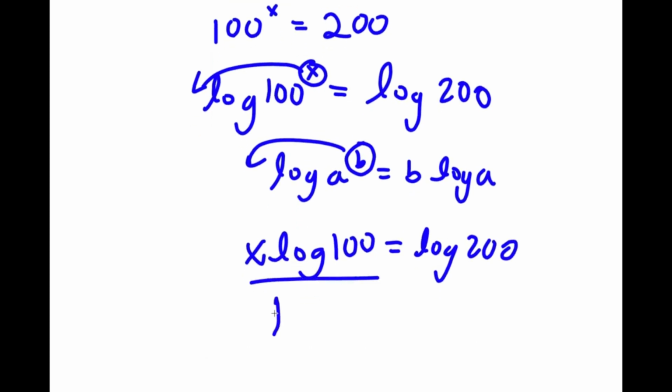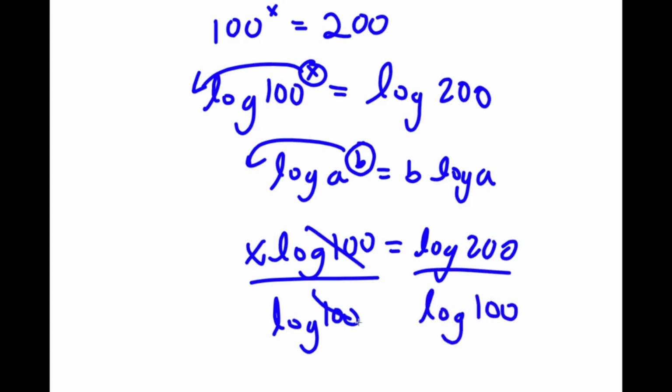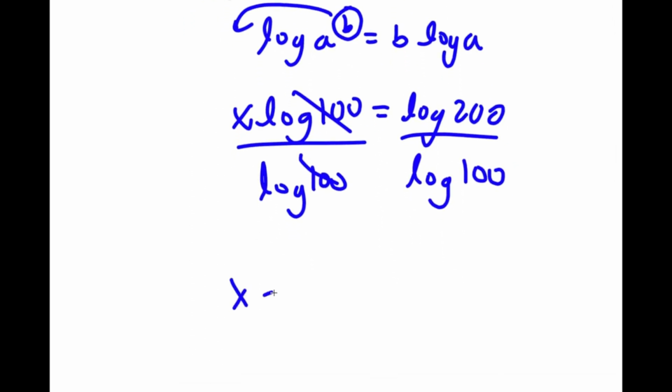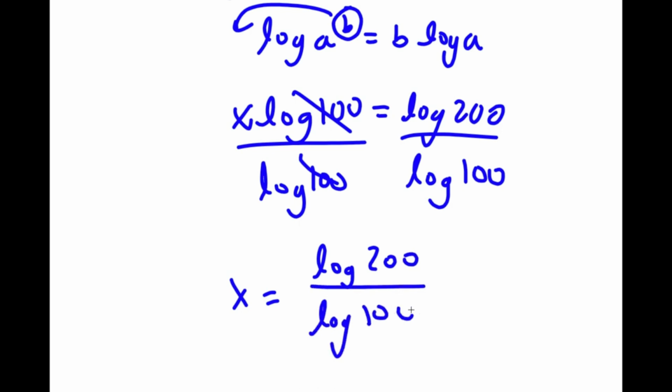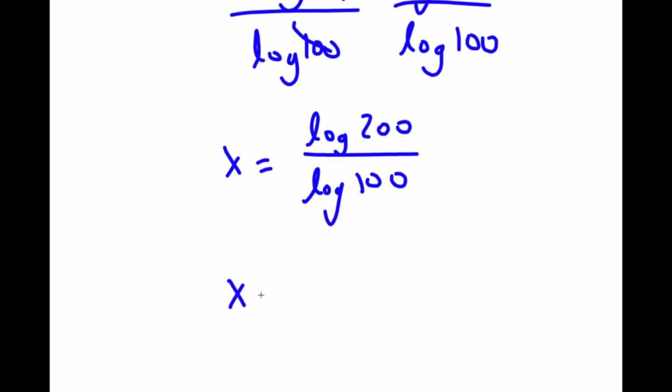Now if I divide both sides by log 100, these two cancel out, and I have x is equal to log 200 over log 100. Now 200, that's the same thing as 100 times 2.